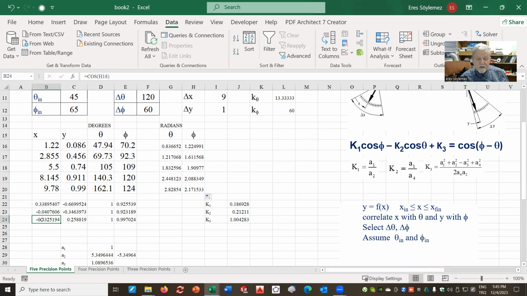Now, I'm not moving 1, because if I move 1, it will be 1, 2, 3. So don't do that. Now I have 5 equations. However, I have obtained K1, K2, K3 from the first 3 equations.